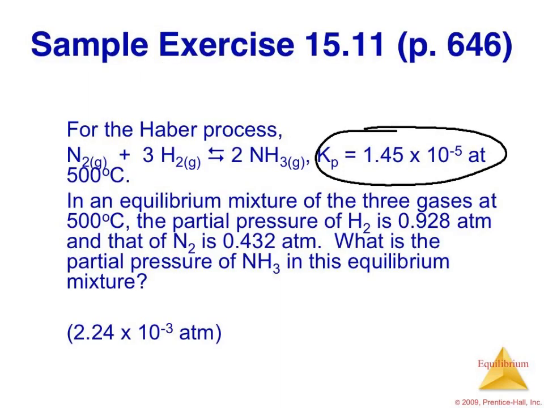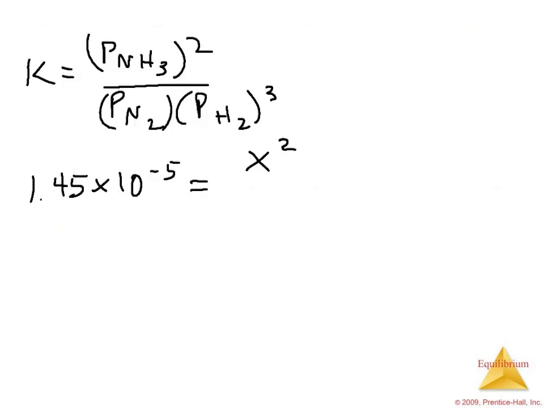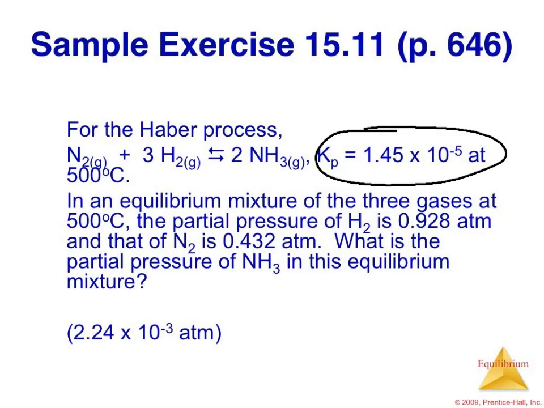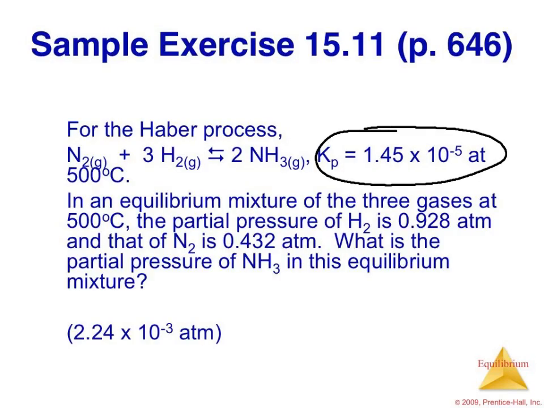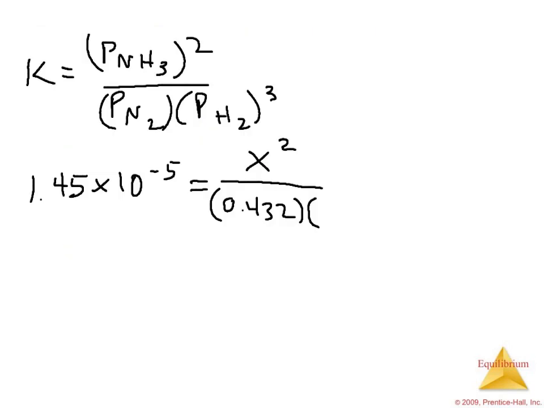Okay, so the pressure of our N2 is what we're starting with here. Pressure of our N2 is 0.432. And then the pressure of our H2 is 0.928, and that needs to be cubed.